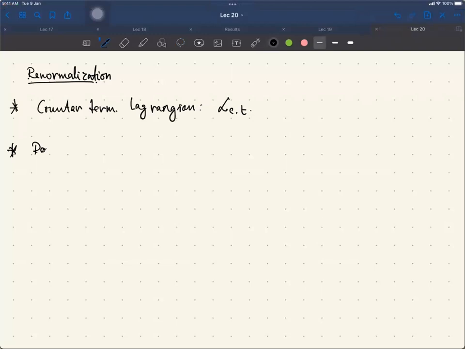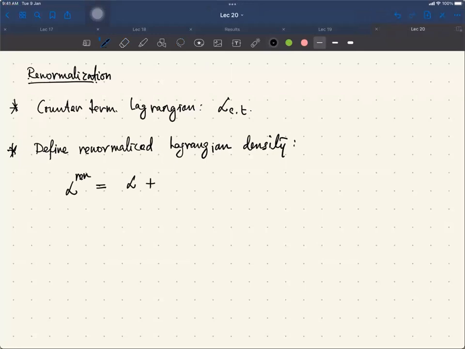Define the renormalized Lagrangian, which is the original Lagrangian, the classical Lagrangian, plus the counterterm Lagrangian that we had added.